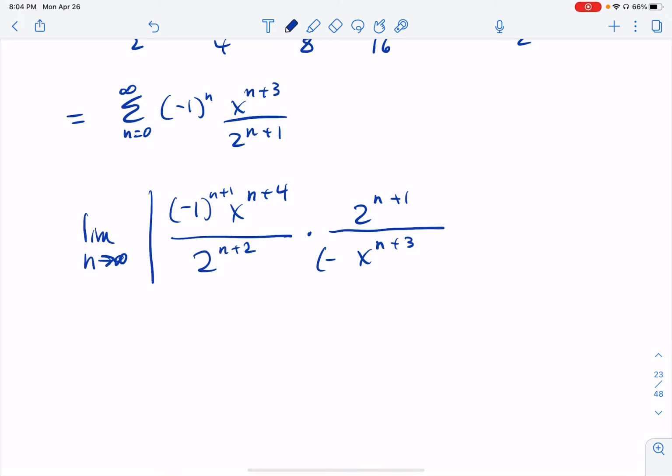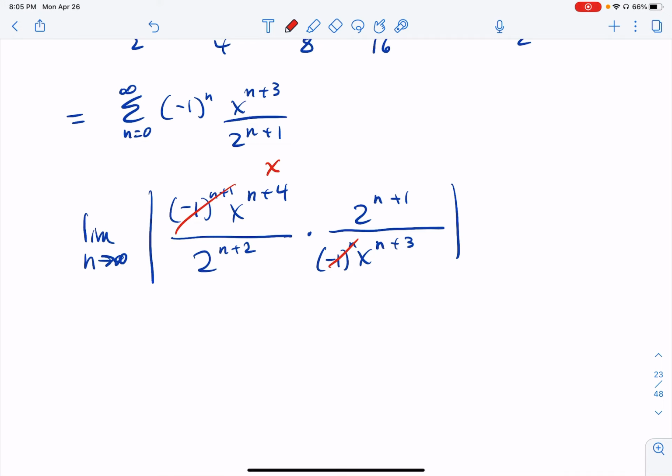Oh, I forgot this. That's important. Not really, because that guy's going to cancel. And then we can subtract our exponents on both the x's and on the 2's. Let's see, I have x to the n plus 4 divided by x to the n plus 3. Subtract those, you just get x up top.